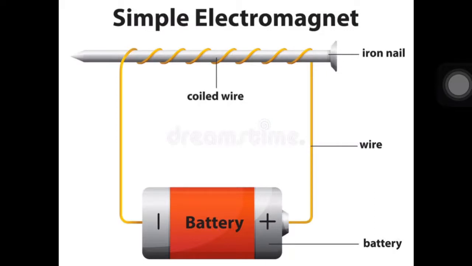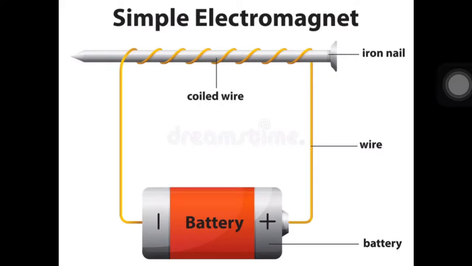An electromagnet is nothing but a coil of wire wound around an iron bar or iron rod.